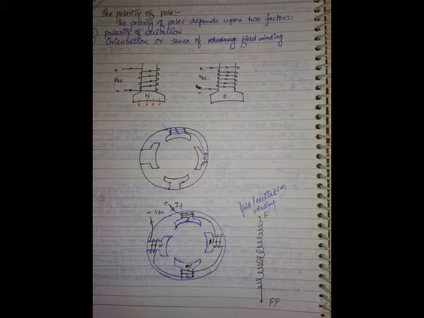Let us consider this machine acting as a motor. When it is acting as a motor, you apply voltage across the armature again, meaning you are applying electrical input across the armature, and automatically the armature starts rotating.